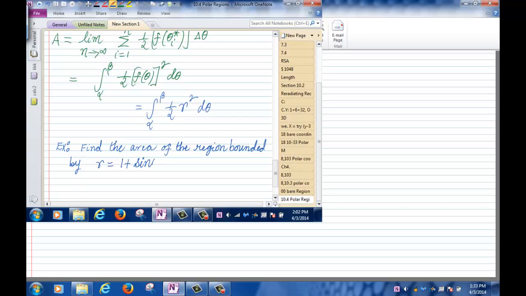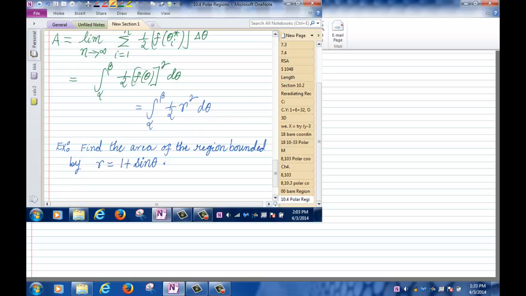I want to remember what was the graph of this equation yesterday? We looked at the graph of this equation, right? What was the graph of this equation? It's a cardioid, right? So what we want to find is the area inside that cardioid.